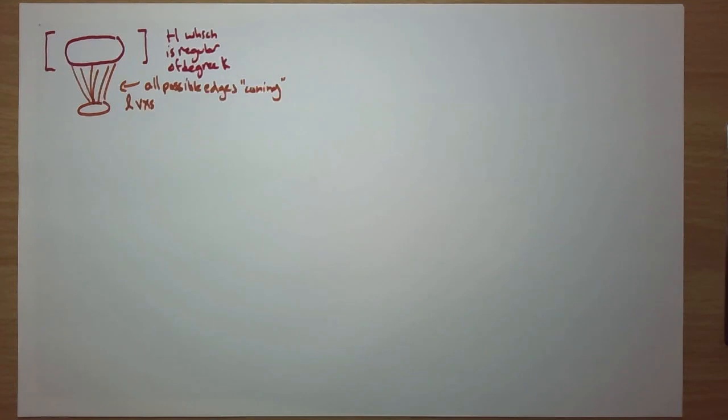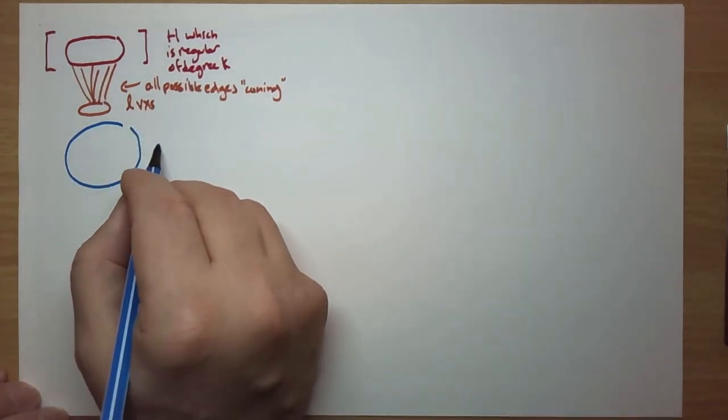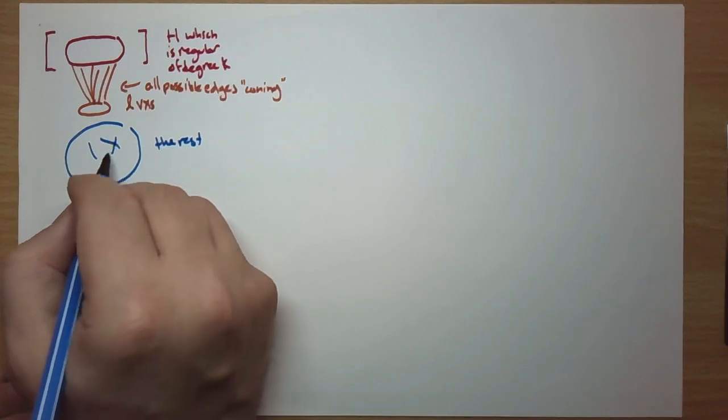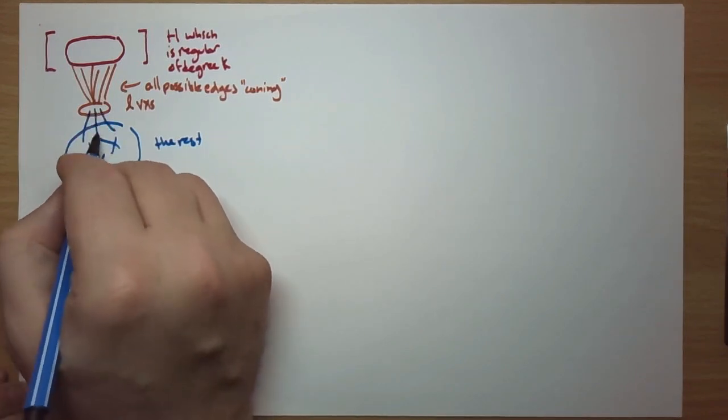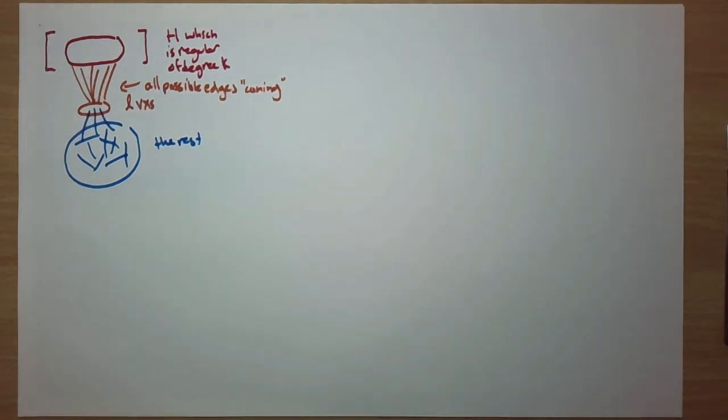But you're just connecting everything in H down into this set of vertices. And finally we'll just have the rest. And we're putting no limitations on here, so there's some connections, but who knows? Okay, so this is our basic setup.